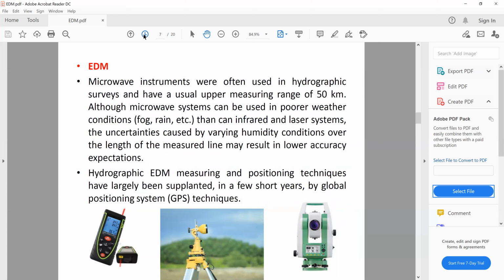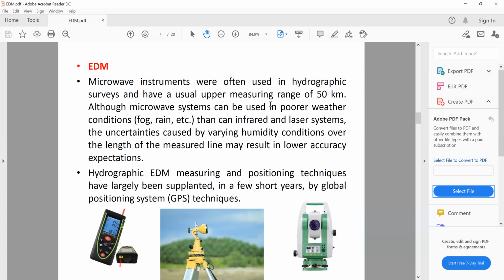The microwave instruments were often used in hydrographic surveys. That is basically when you perform these operations in water. Since water has different dynamics, not all electromagnetic waves can travel through water. Since microwaves travel better or gave better results, they were used in the instruments which were used for hydrographic surveys.